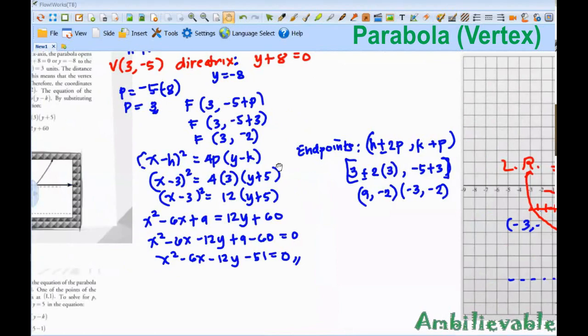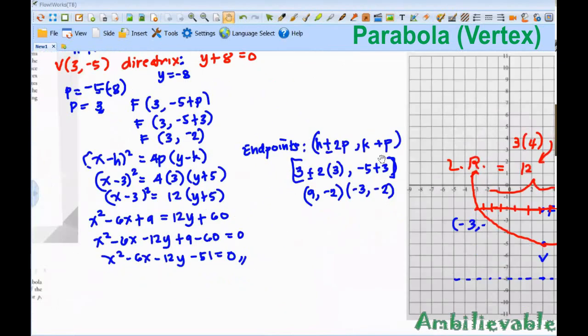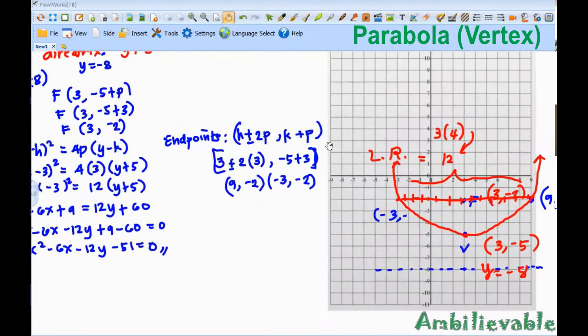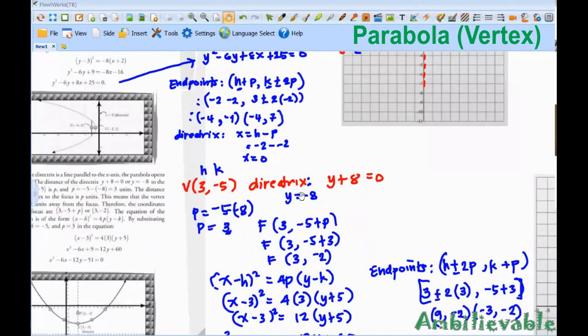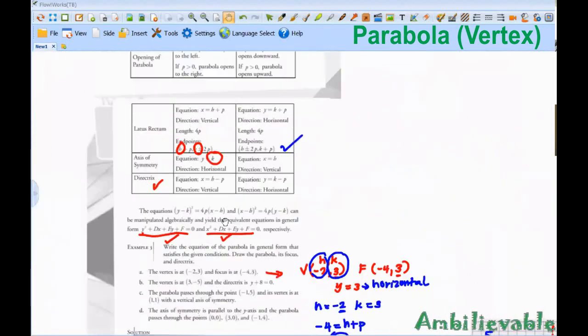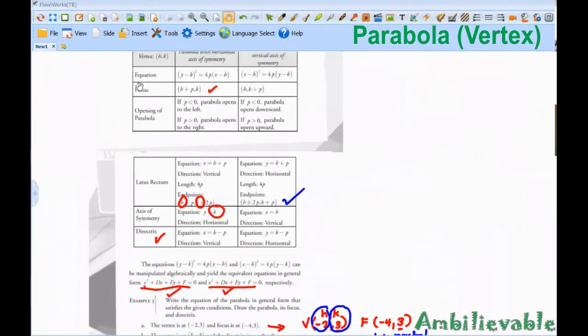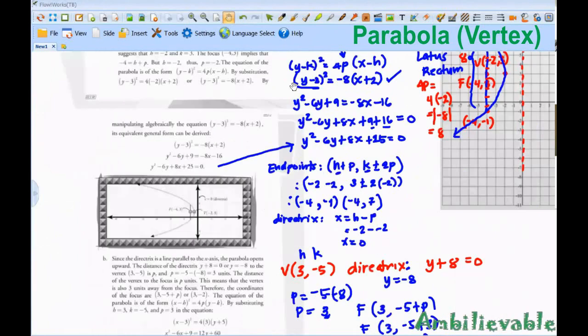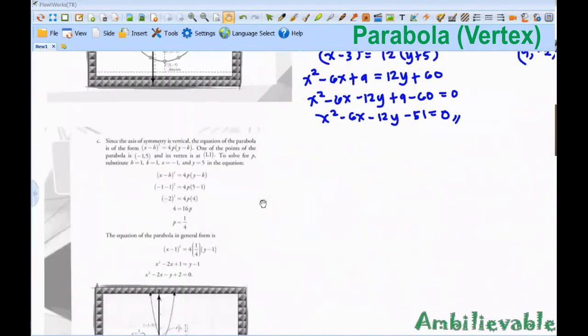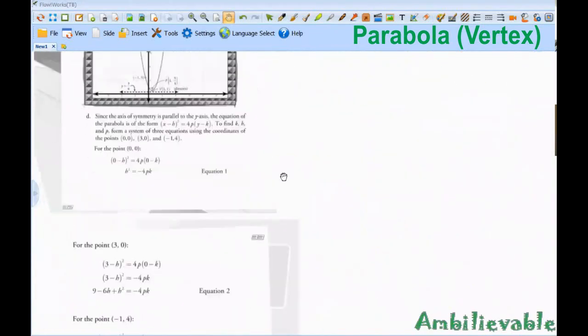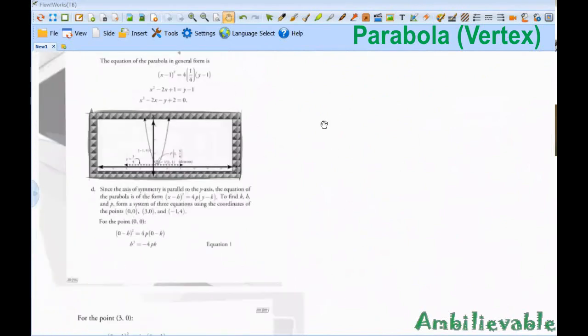Once you get the focus and the vertex, it's easier for you to locate the points. But the important thing is that you should get the focus and the vertex, and at the same time the directrix. I'll give you more examples so that it's easier for you to do it.